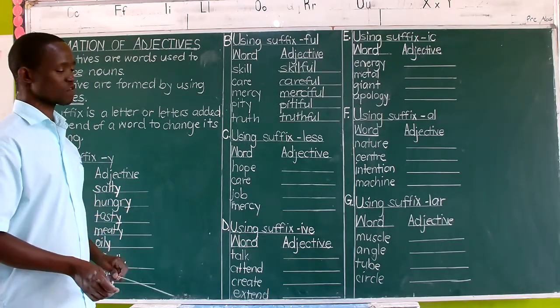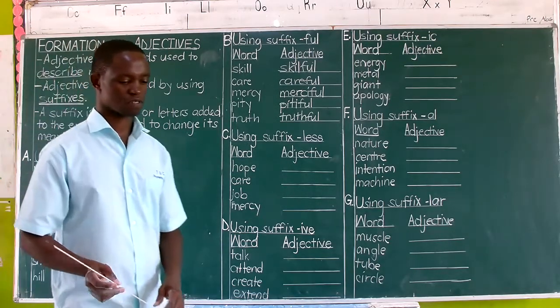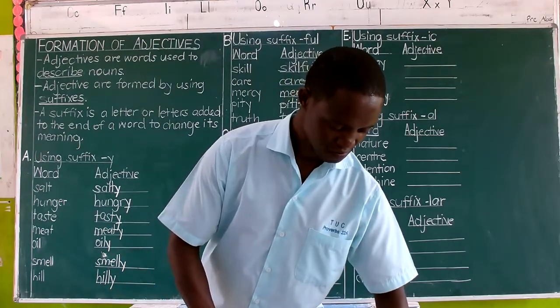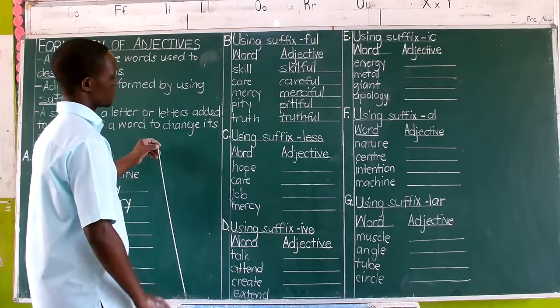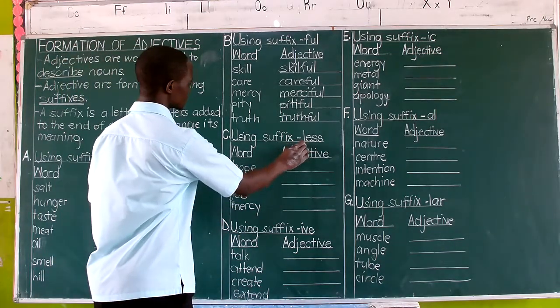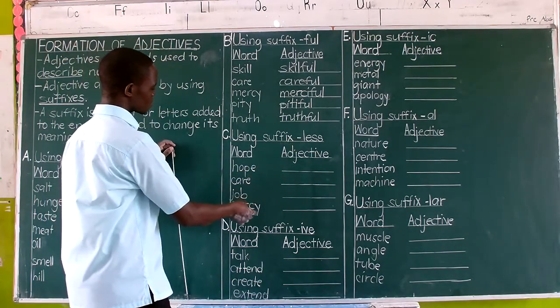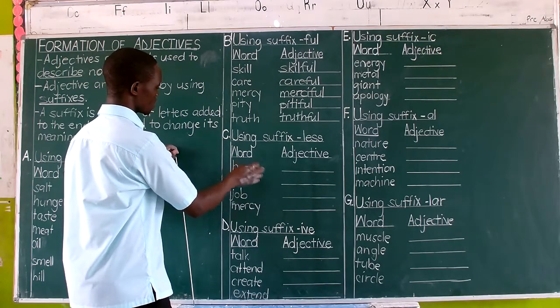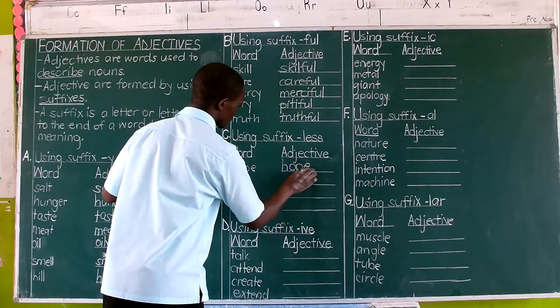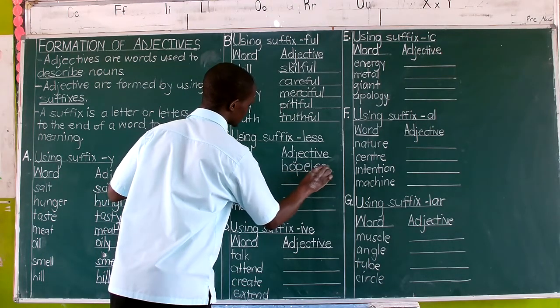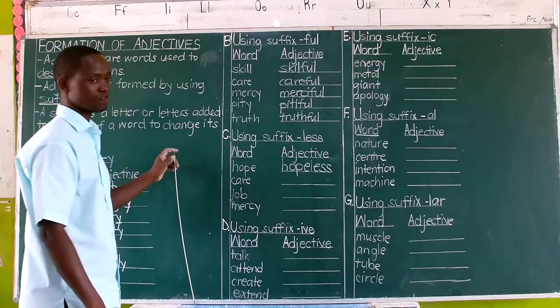Next, using suffix less. Careful, careless. Yeah, possible. Okay. We can add suffix less to the end of a word to change its meaning or to turn it into an adjective. You have hope. I'm writing my hope here. H-O-P-E plus L-E-S-S to form the adjective hopeless.